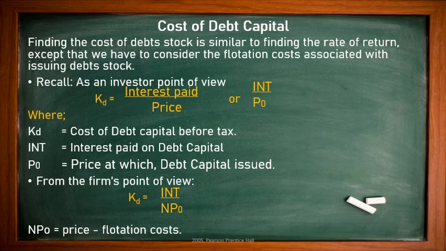Because when the firm gets money, the firm will not receive the same amount the company issued. Like the example I gave before, if companies are selling one debt stock for 1,000 and they are spending $50 as a flotation cost, the company's net price, what the company is going to receive, is 950 only, 1000 minus 50. But investors are paying 1000, so their price is 1000.